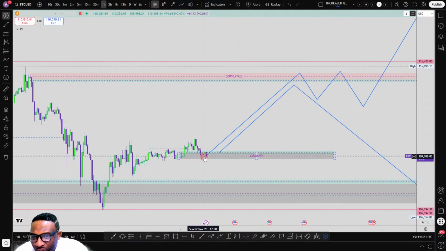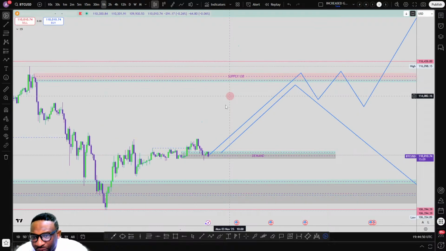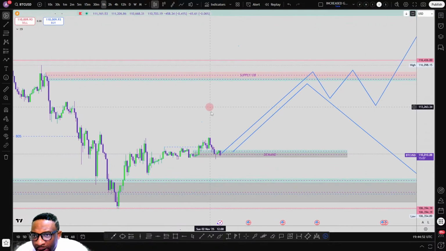Once we have price not closing below that 4-hour candle, then we are good to look for buys to this zone. In any way, if we are interested in taking a sell from here, then it must be done with confirmation entry from this zone to the downside.